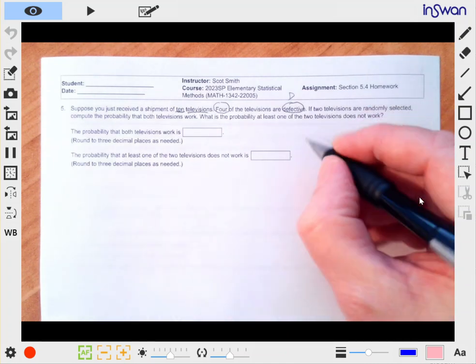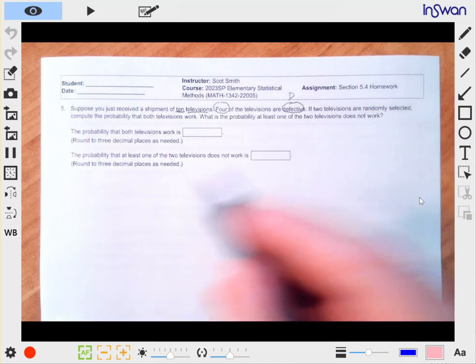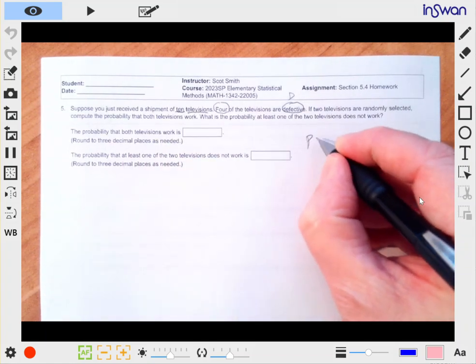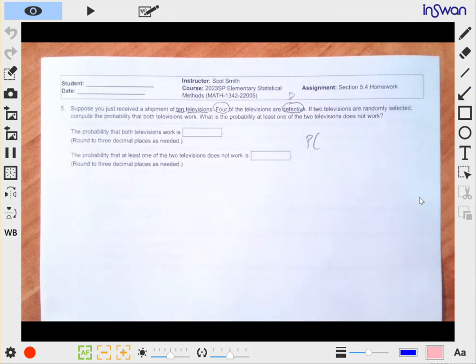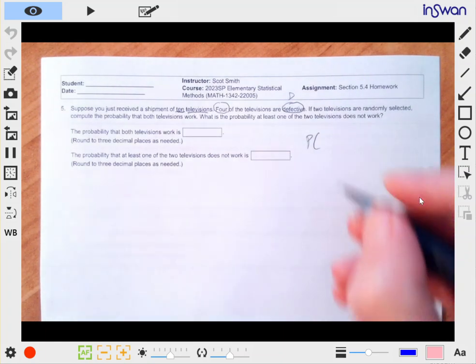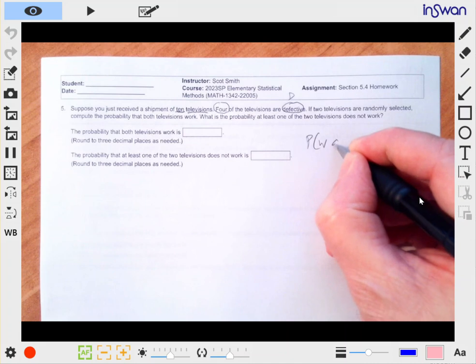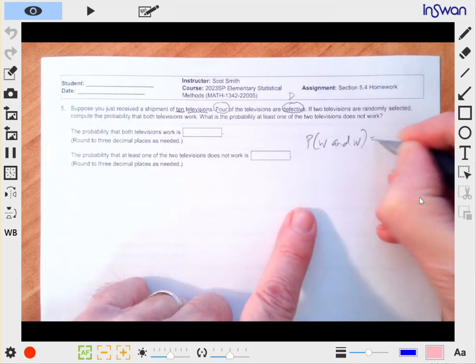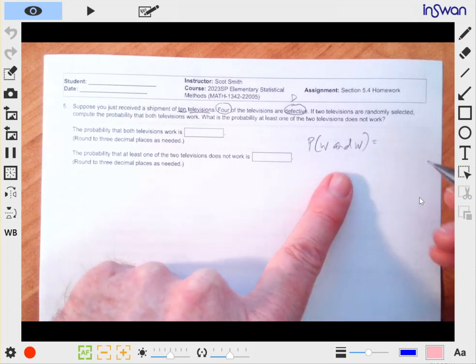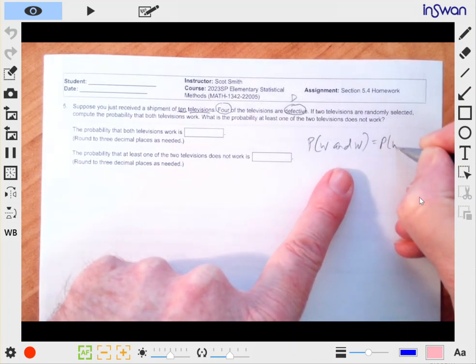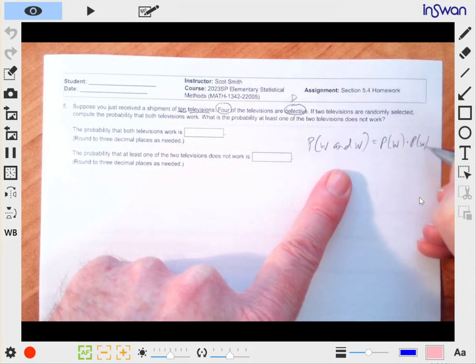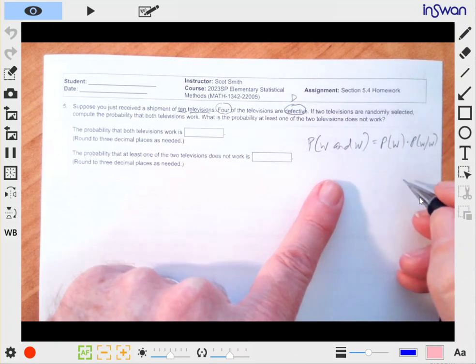All right, so first of all, we want to find out the probability that both televisions work. So basically, the opposite of being defective is they work. So we want the probability that they work and work, that the 2 TVs work when we select them. So that's the probability of the first TV working times the probability of the second TV working, given that the first one worked.